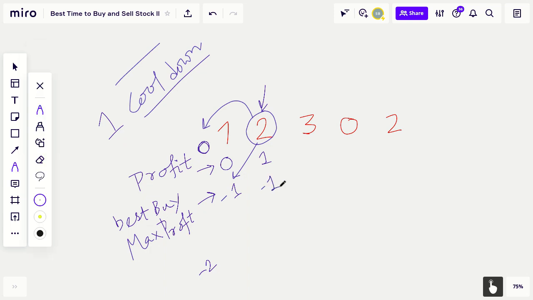Again, when you are at 3, you add with -2 and you get a profit of 2. And you see there is 0 over here, so 0 minus 3 is going to be -3, which is less than -1. So you are not changing this, this is -1 only.